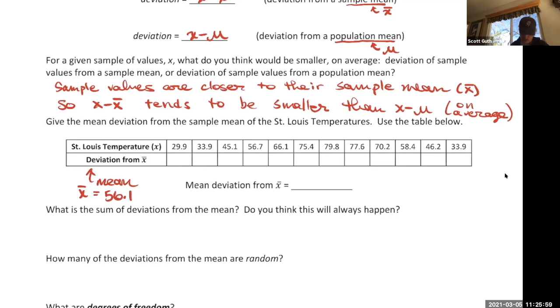The deviations are x minus x bar. So you would do 29.9 minus 56.1. You just take each value and subtract 56.1 to find the deviation from the mean. Again, just do that on a calculator.